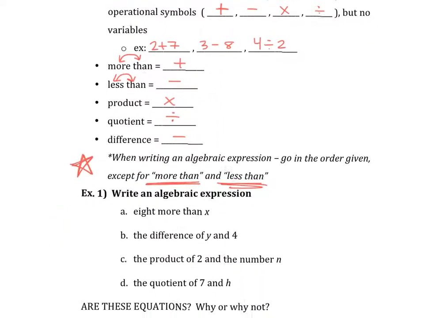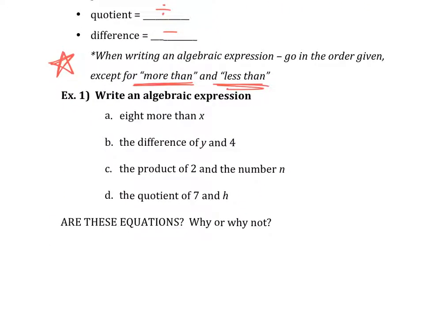If we look at example 1 here, if I say 8 more than x, more than, you switch. So you're going to put the 8 at the end and the x at the beginning. More than is what operation? Addition. So you're saying x plus 8.